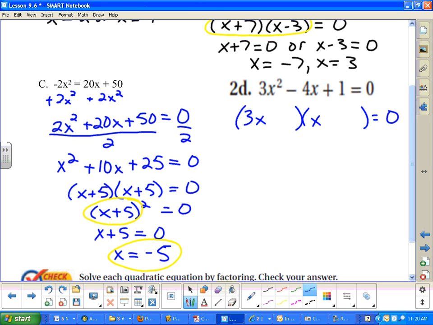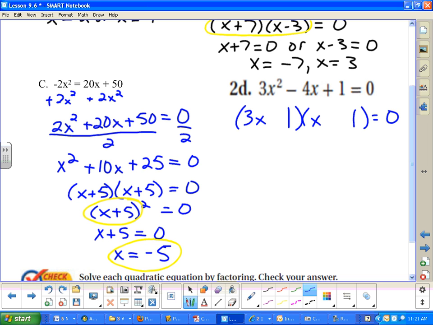It's got to be a 3x and an x, because that's the only way to get 3x squared, is to multiply those two together. Well, what goes in the other parts of the parentheses? What two numbers multiply together equal 1? 1 and 1, right? So these two have to have a 1. Now the question is, what goes between them?